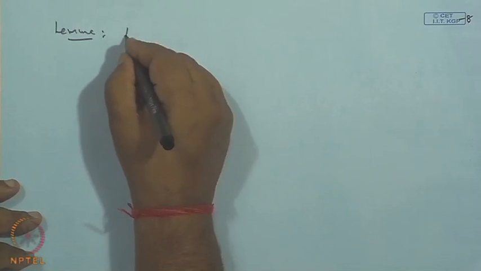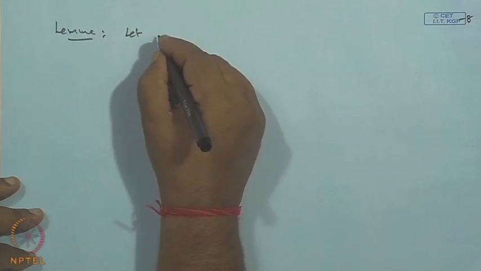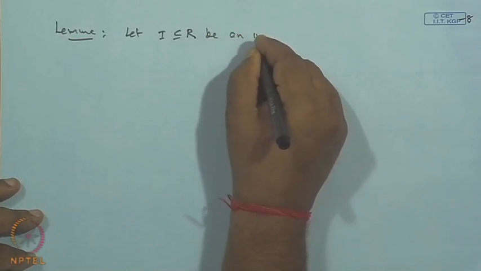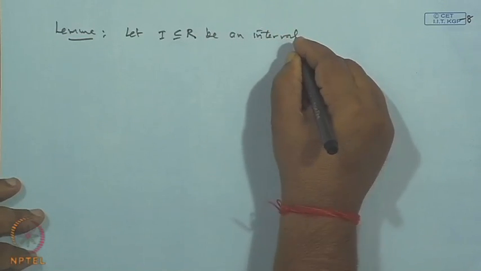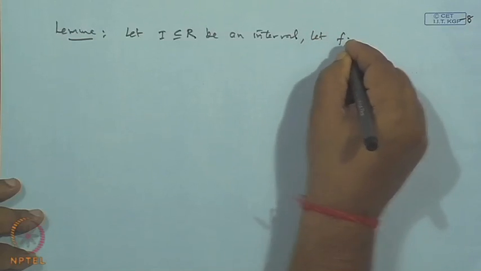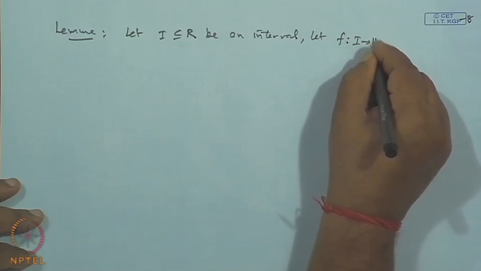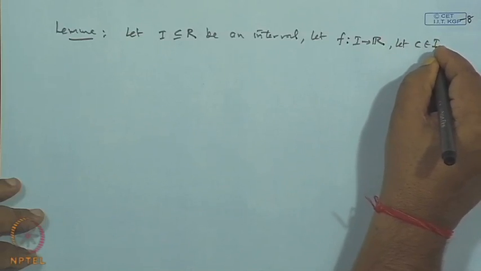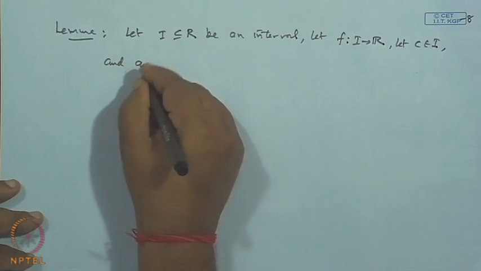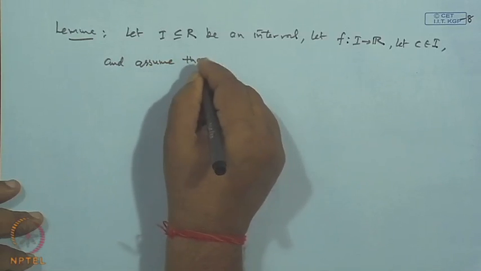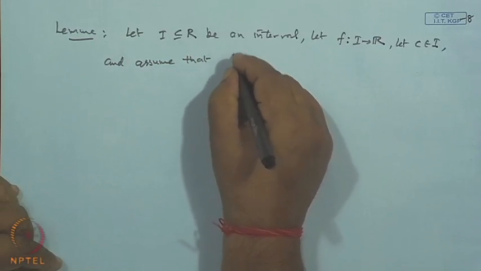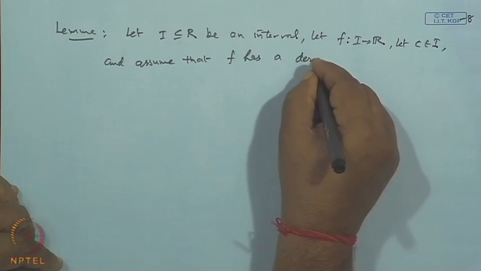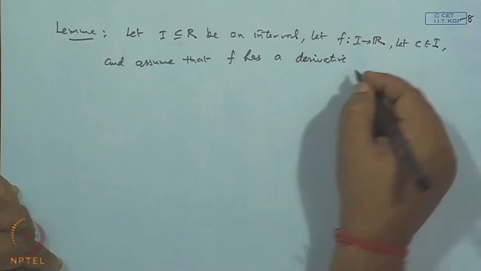Let I, which is a subset of R, be an interval, and let f be a mapping from I to R. Let c be a point in I, and assume that f has a derivative at c.